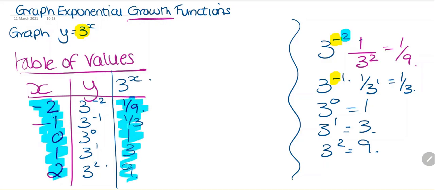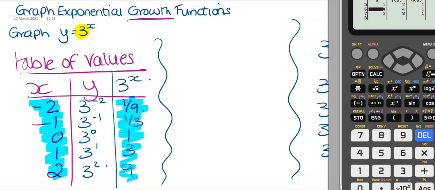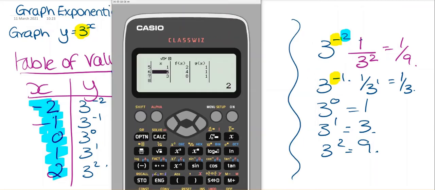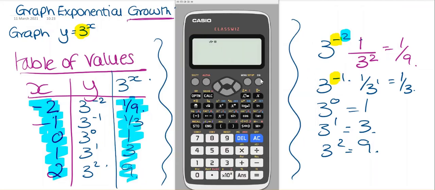Now, the other way of creating our table of values is by using a calculator. So I'm just going to bring my calculator up onto the screen if I can get it to fit. So let's have a look. Okay, so if you're using the ClassWiz, we can use the menu option and scroll across to number 9, which is table. And this will come up with f of x.